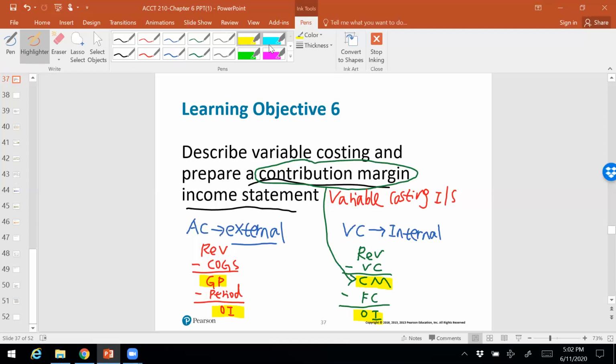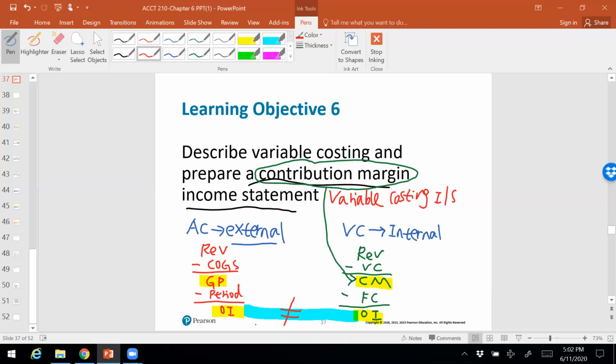And why is it a big deal? Because this operating income may not be the same number as this operating income. This is the fun part, right? Sometimes they will be the same. If they are the same, maybe it's not a big deal, honestly. Like you do math first or you do English first, it doesn't matter as long as you get the same amount.